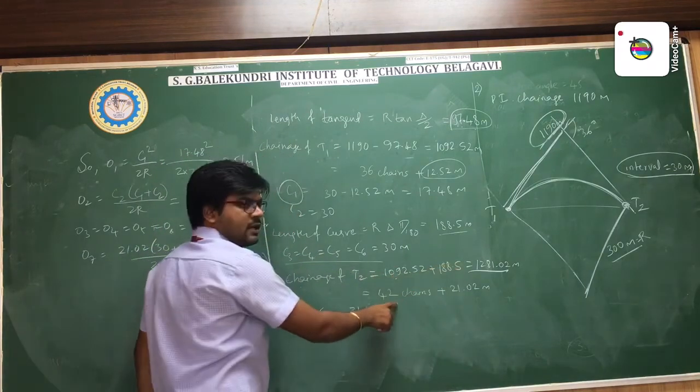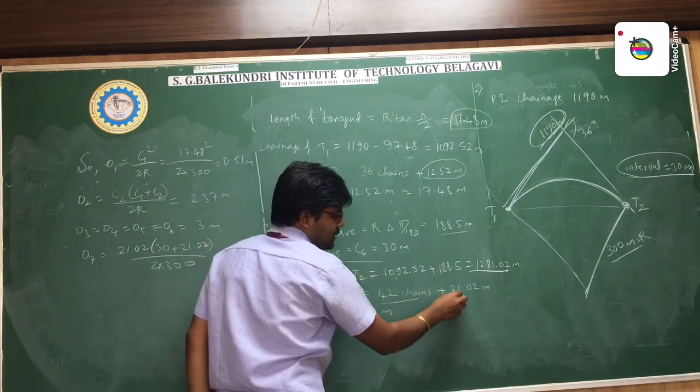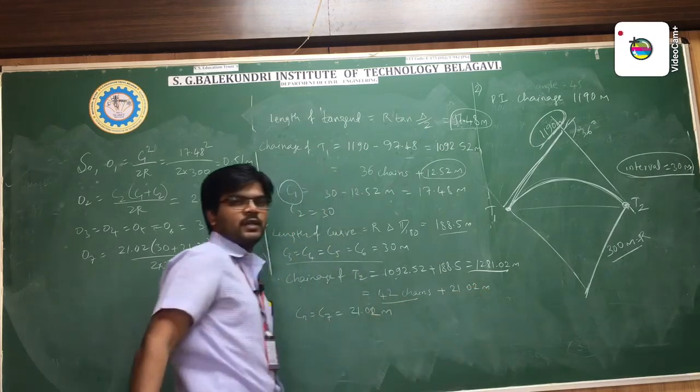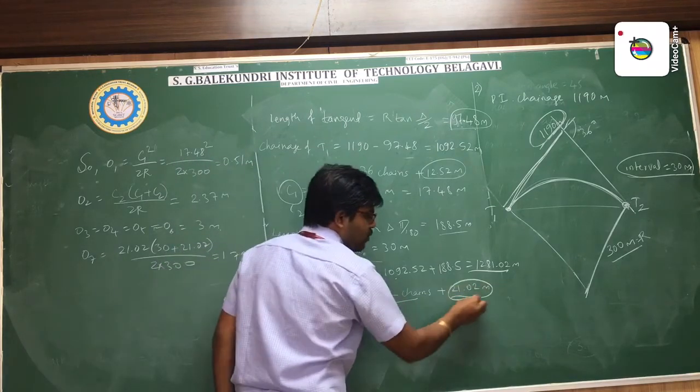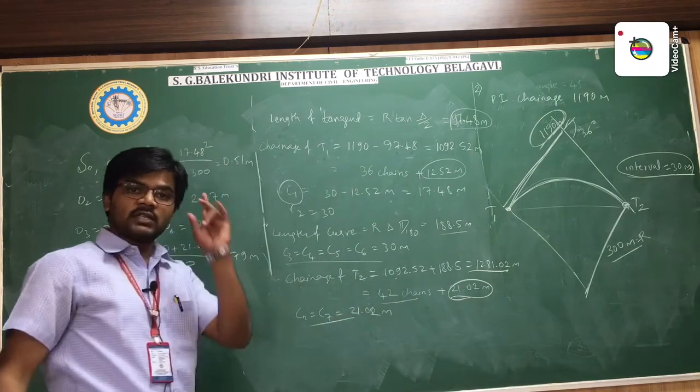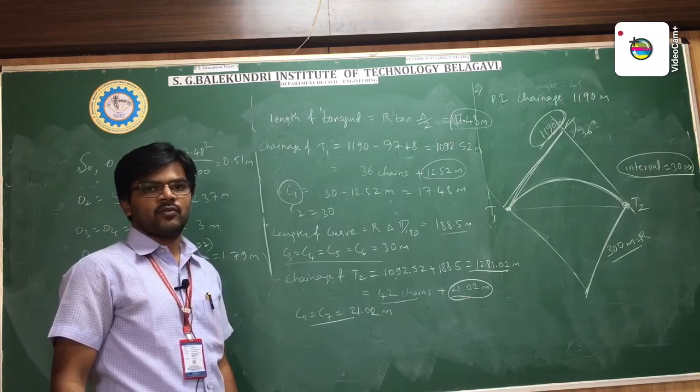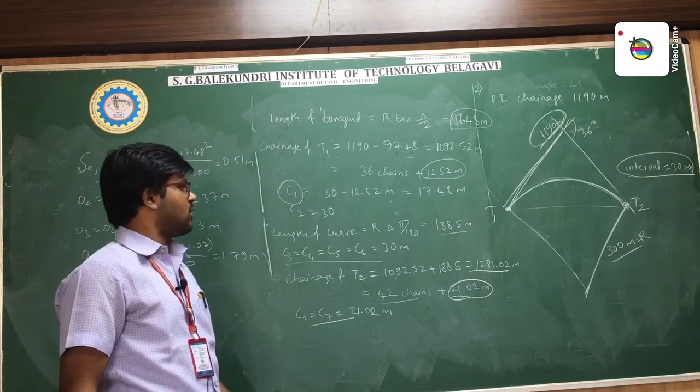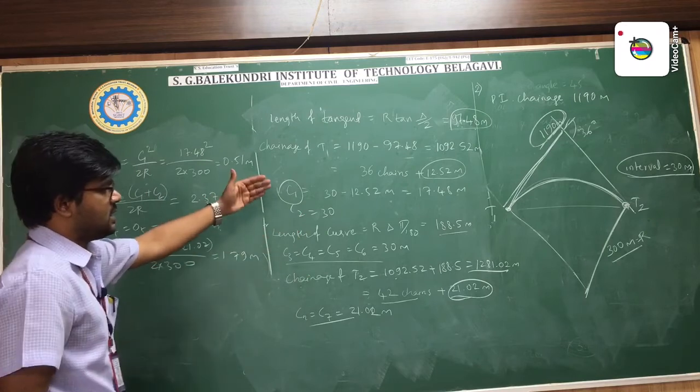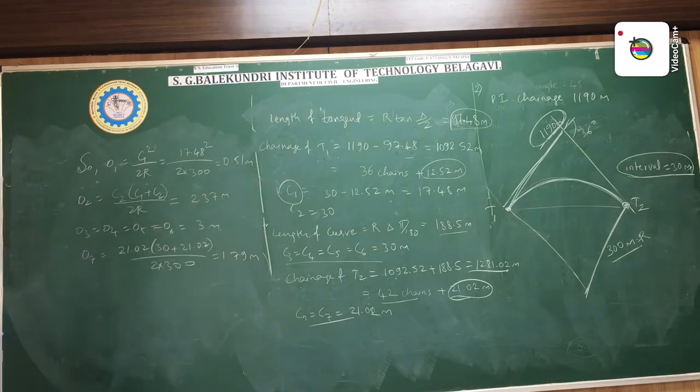This can be written in terms of chain as 42 chain plus 21.02 meter. This 21.02 meter is the length of the last chord. You just see this, C1, C2, C3, C4.